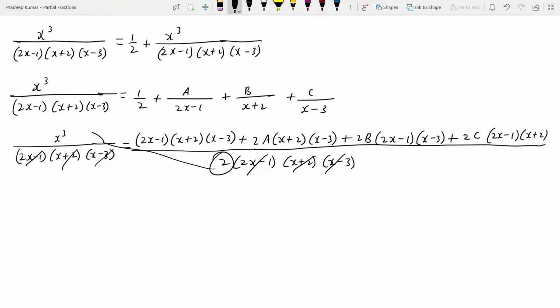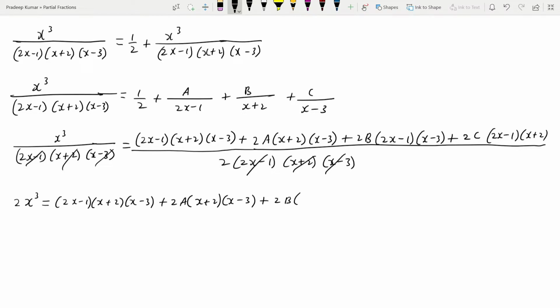This 2 I'll send to this side. So we will write now: 2x^3 equals (2x - 1)(x + 2)(x - 3) plus 2A(x + 2)(x - 3) plus 2B(2x - 1)(x - 3) plus 2C(2x - 1)(x + 2).